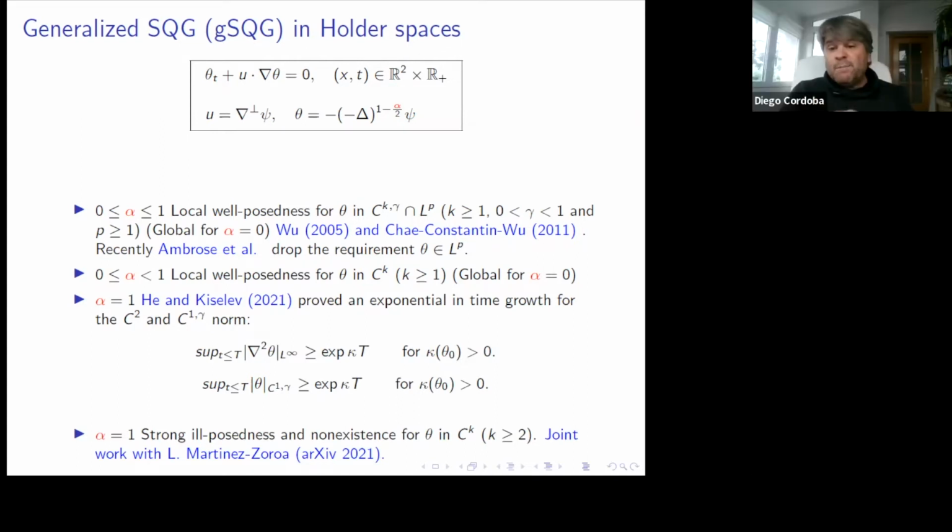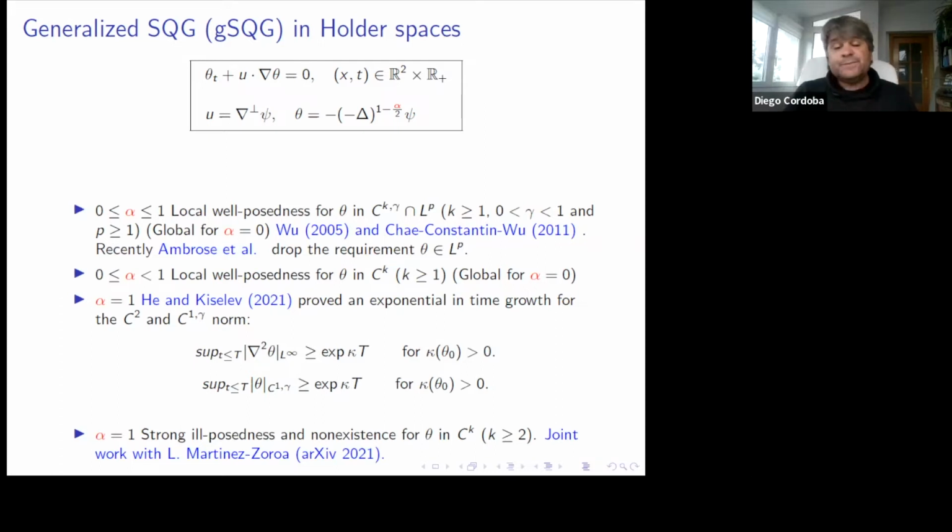By strong ill-posedness, I mean that we construct solutions that initially in C^k are small, fix the k, and at a certain time, and you can make that time as close to 0 as you want, your C^k norm is as big as you want.